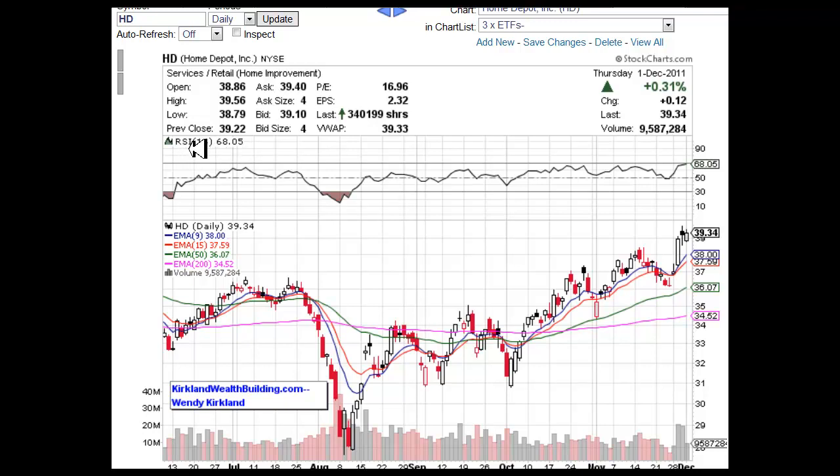RSI is Relative Strength Index, and it shows whether the stock at the moment is in bullish territory and is following an upward trend, or in bearish territory and going into a downward trend.